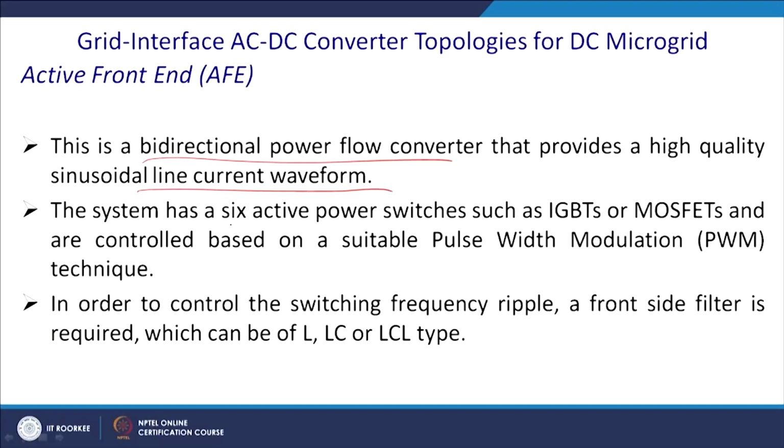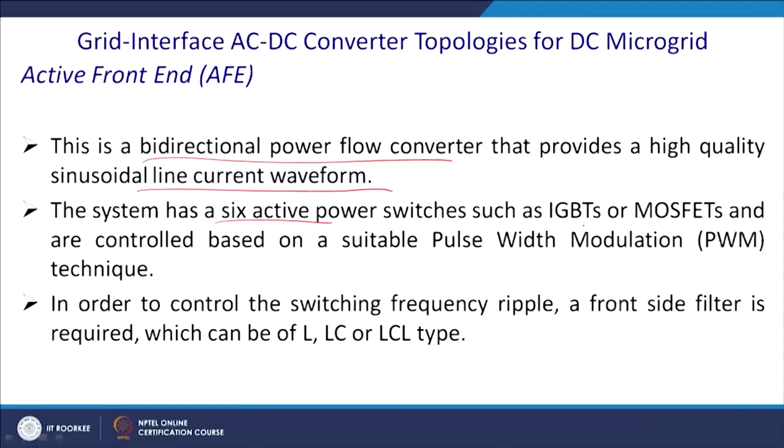If a 3-phase 2-level inverter has been employed, then you can have power switches such as IGBTs or MOSFETs. If you have an IGBT, the rating is in and around 10 to 100 kilowatt, or let us make it kVA, that is more realistic.